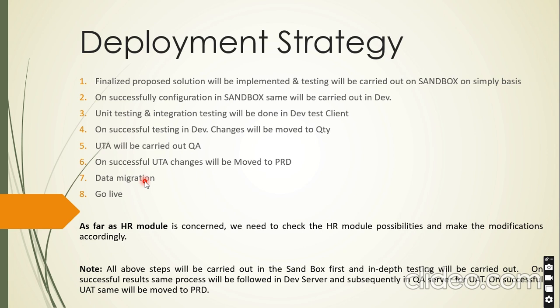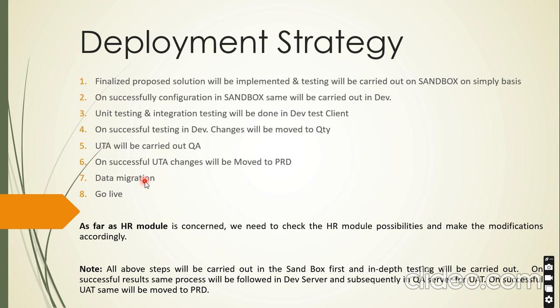Go live and support. After go live, if you are facing any inconsistency, we will obviously identify the inconsistency in the development system or quality system. In case you are not getting any inconsistency errors in development or quality, then we'll see in the production system. If you don't have any inconsistencies, the system will go smoothly.